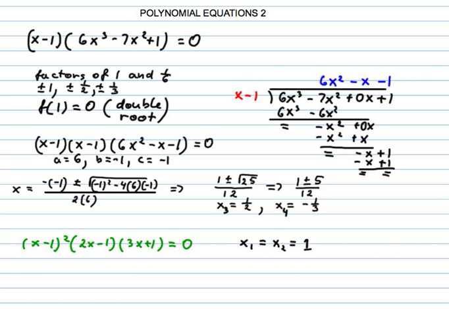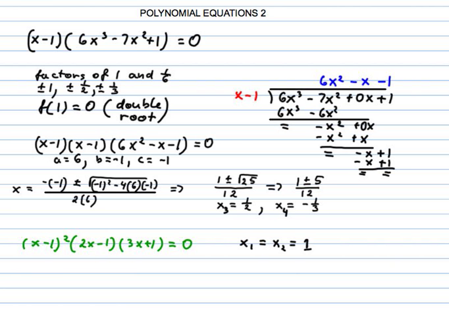No. I can have no real roots if my degree is 4 or 2 or 6. So even degree polynomials may have no solutions at all. If you have no roots in real numbers, then you anticipate roots in complex numbers. If you have complex roots, they always come in pairs.